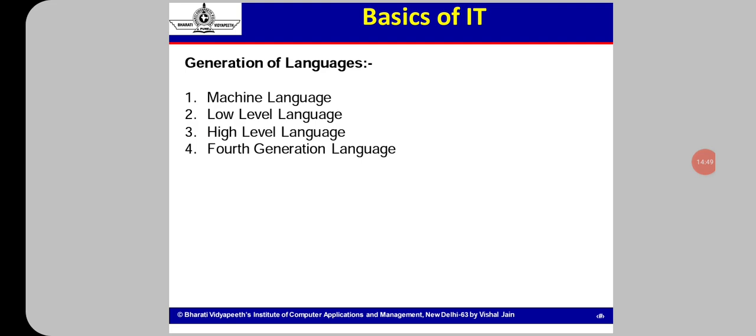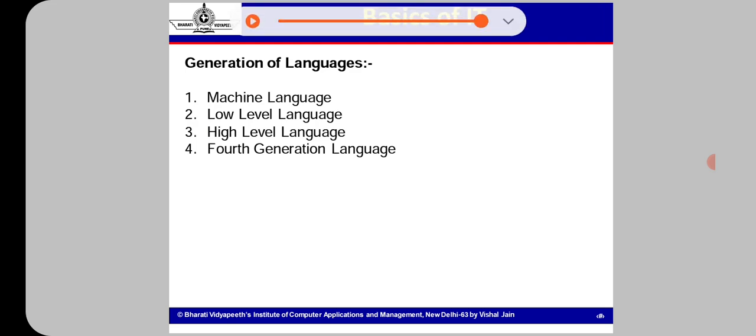another important question which comes from the first and second unit: generations of languages or programming languages. What are the different types of programming languages, or the different generations of languages?